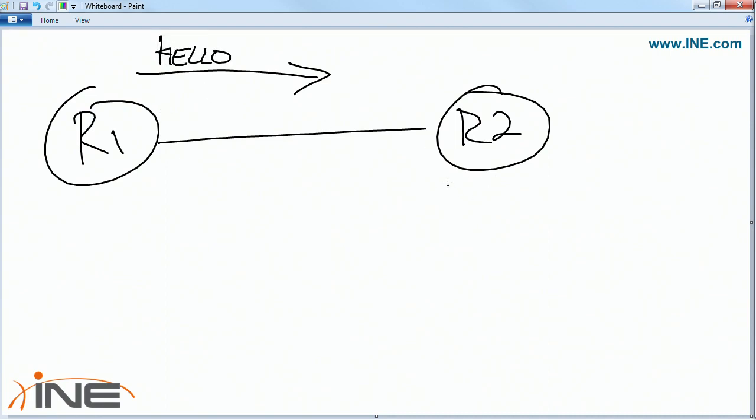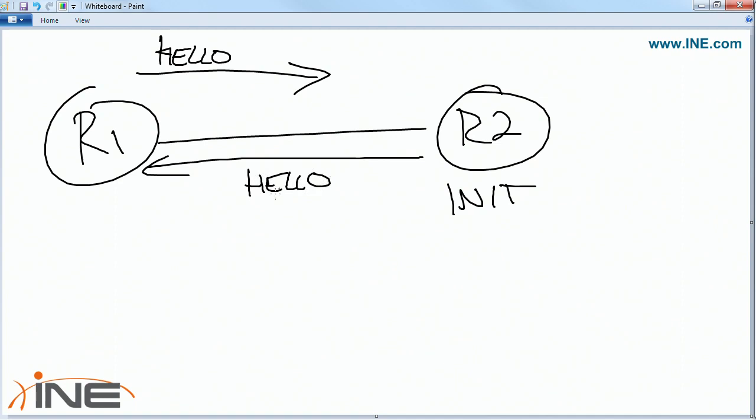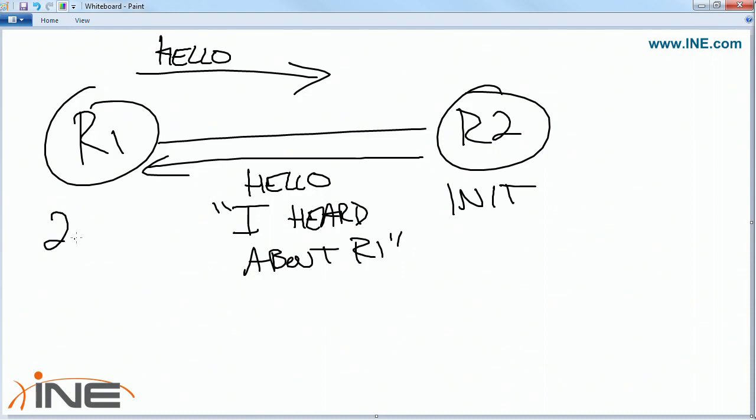At this point, this puts router 2 into init, saying that I know there's another neighbor that's running OSPF. We're now going to start the process. Router 2 replies with its own hello, and it says inside of this that I heard about router 1. This is what puts router 1 into the two-way state.